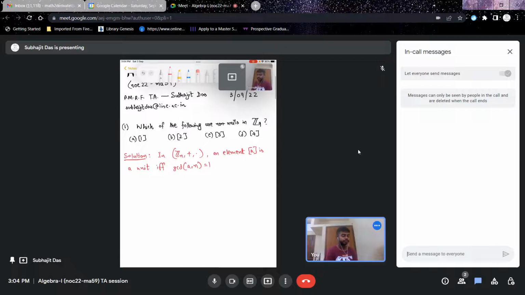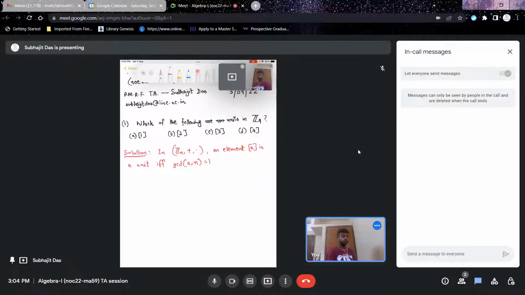It's very simple. Out of all these options, we see that the GCD of 1 comma n is 1. For our problem, n is given to be 9. GCD of 1 comma 9 is certainly 1. GCD of 2 comma 9 is again 1.